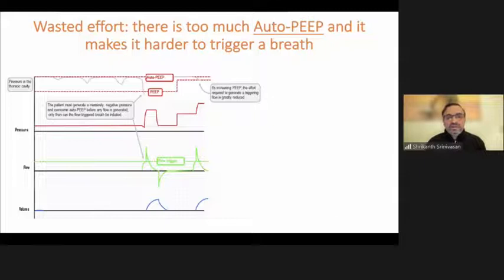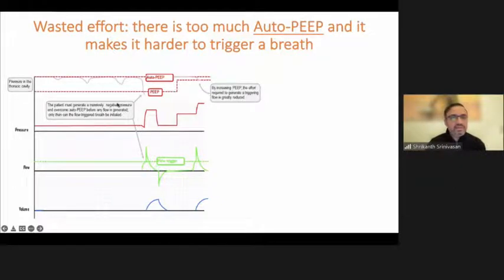Now, a specific type of wasted effort is when there is a lot of auto PEEP. This especially occurs in patients with acute exacerbation of COPD, and especially in the weaning phase. Now we are coming to the point where we were discussing previously, in the weaning phase, when the patient has too much auto PEEP and there is difficulty for him or her to trigger a breath. And this is very well seen here.